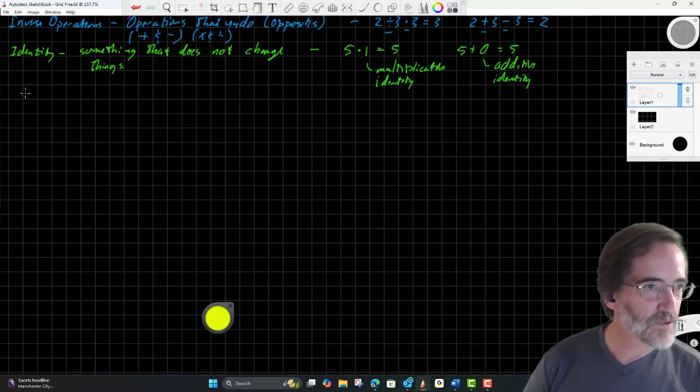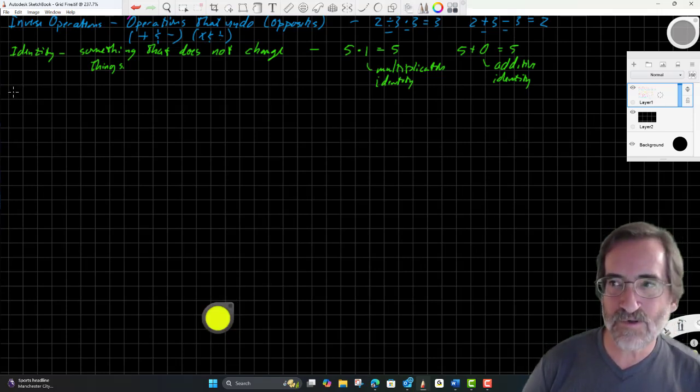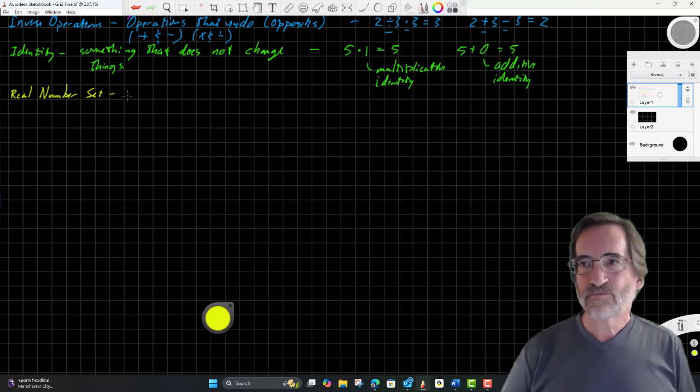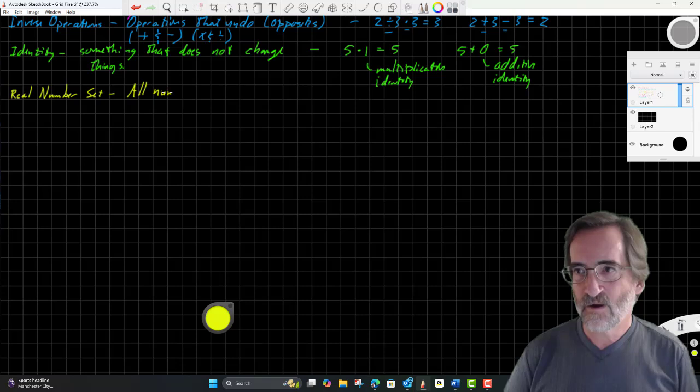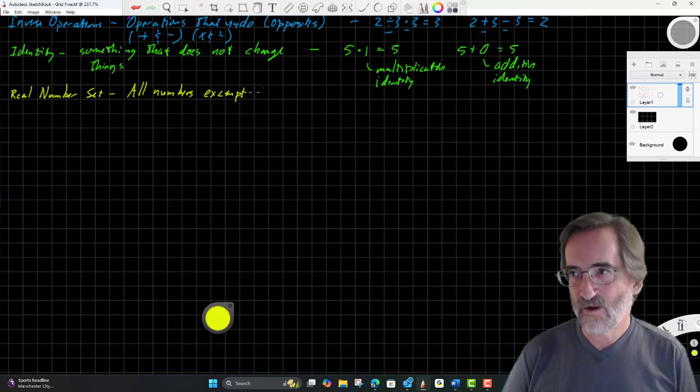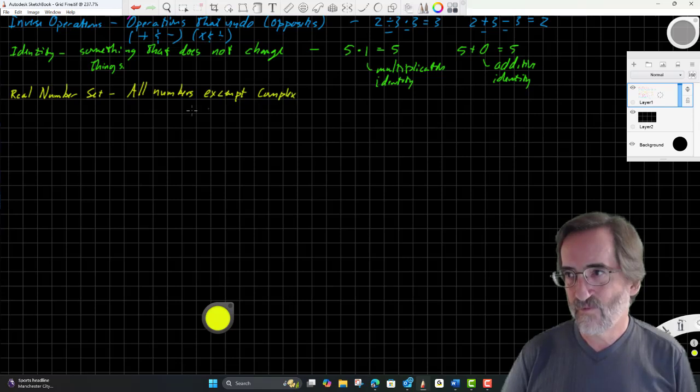We're up to number 12, real number set. The real numbers are all numbers except complex numbers, which we haven't learned about. So all the numbers you can think of are real numbers.